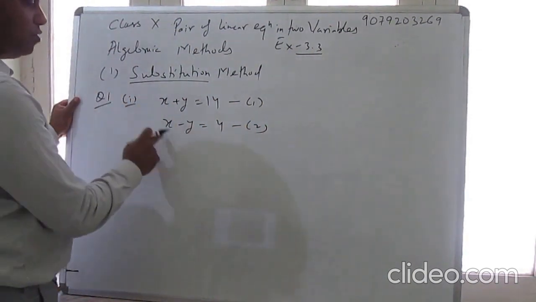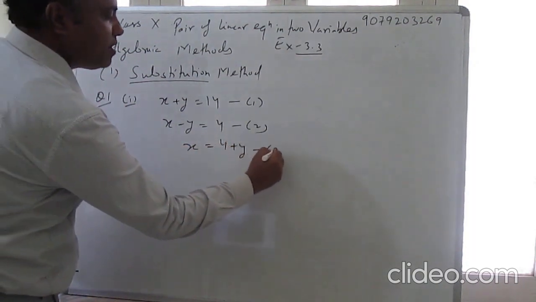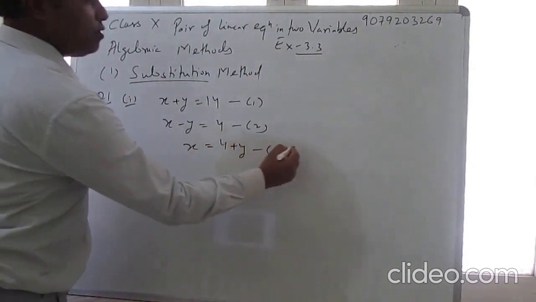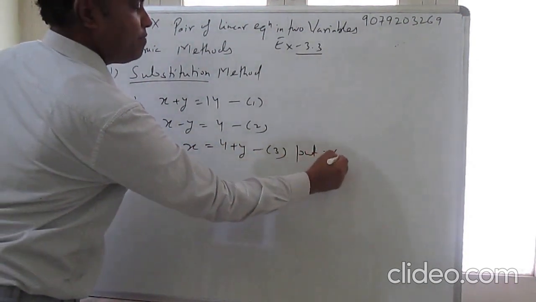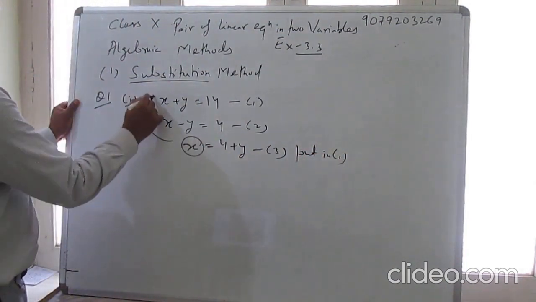From equation 2 we get the value of x, 4 plus y. This is 3. Put equation 3 in 1. Value of x, put in 1.